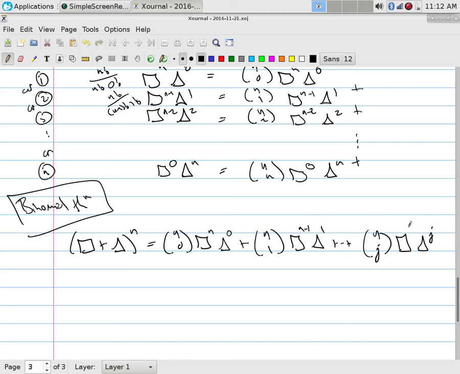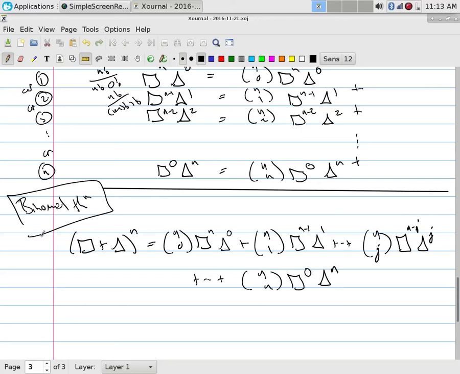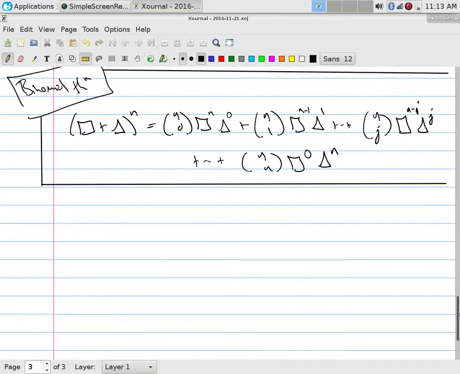We have j triangles, that means n minus j squares, and then we keep on going until we finally get n choose n, square to the 0, triangle to the n. And that's the binomial theorem. Pascal's triangle isn't here yet. But this is just using choose functions.